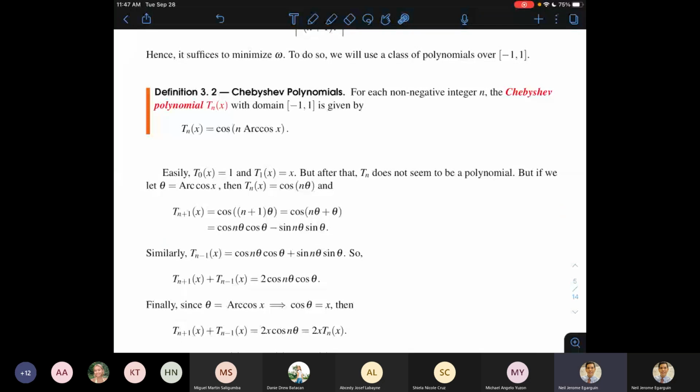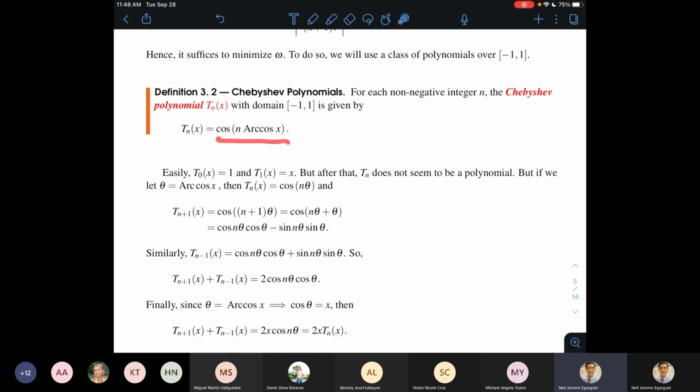For that, we'll go to definition 2, and here we are introduced to a certain type of polynomials called the Chebyshev polynomials. So the domain, these are polynomials defined on the interval -1 to 1. And they are given by T sub n of x. So T sub n is the Chebyshev polynomial of degree n.